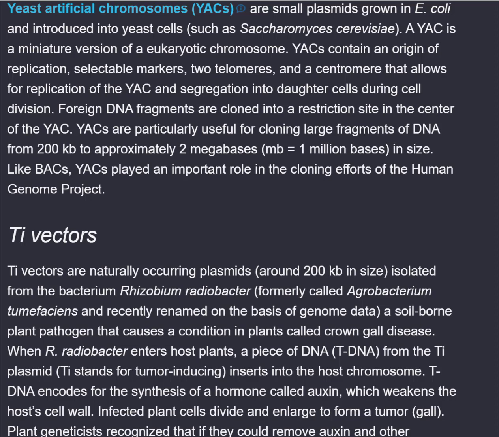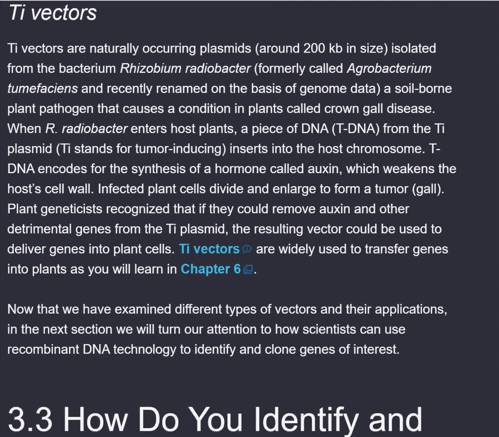Foreign DNA fragments are cloned into a restriction site in the center of the YAC. YACs are particularly useful for cloning large fragments of DNA from 200 kb to approximately 2 megabases, MB equals 1 million bases, in size. Like BACs, YACs played an important role in the cloning efforts of the Human Genome Project.